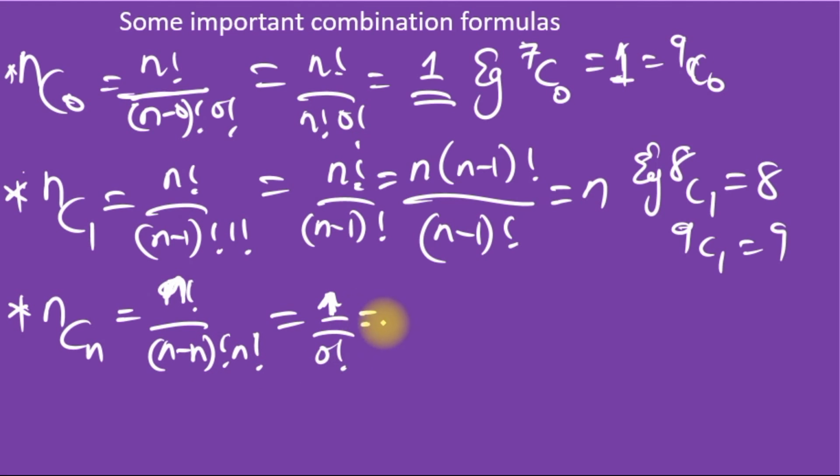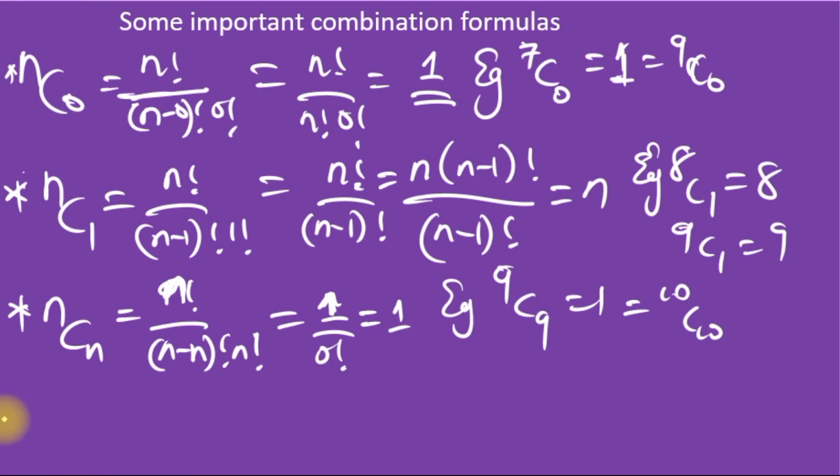We know that 0 factorial is 1, so what we have is 1. So example, if someone asks you 9 combination 9, it is 1, or if you have 10 combination 10, it's also 1. And finally, the last one, n combination r is the same thing as n combination n minus r.